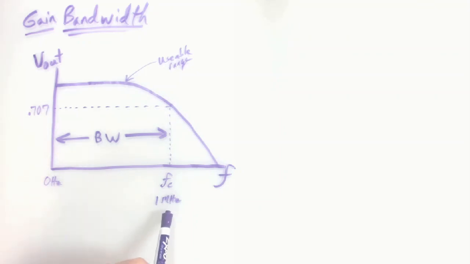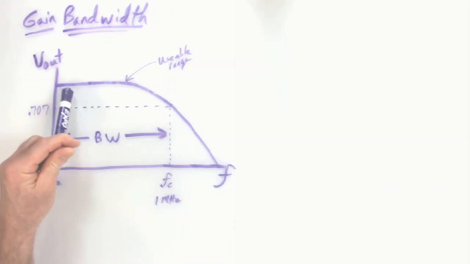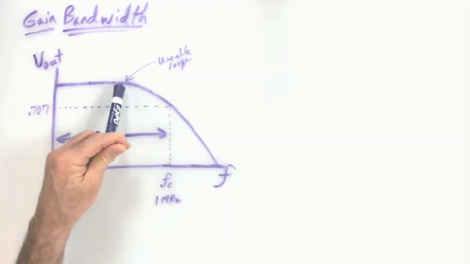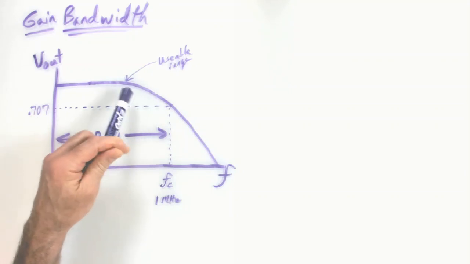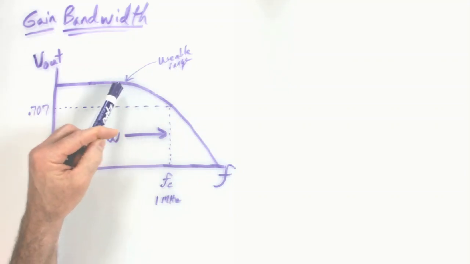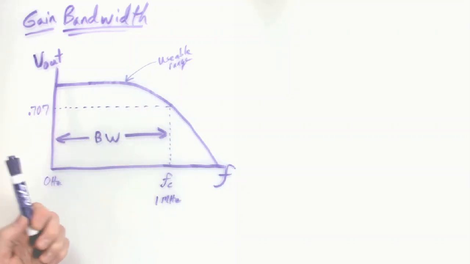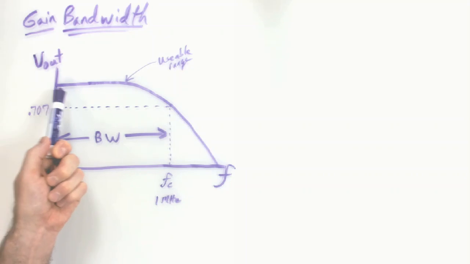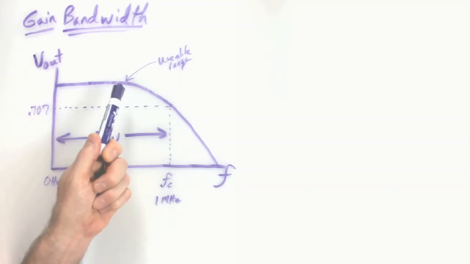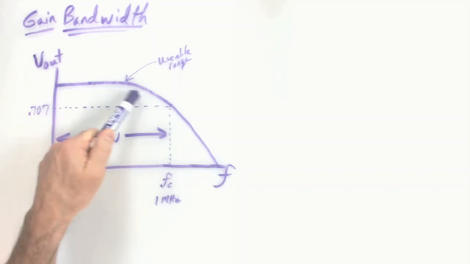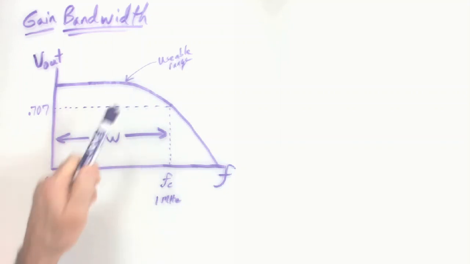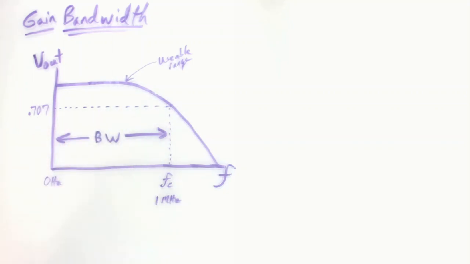That 1 megahertz bandwidth rated scope can measure amplitude accurately up to here, at which point you're going to get false information if you think that it's giving you the true amplitude of the signal, because it's going to start to attenuate the signal. It can measure frequency, no problem. The frequency will be accurate, but the amplitude of your signal is going to start to tail off earlier than the bandwidth rating.